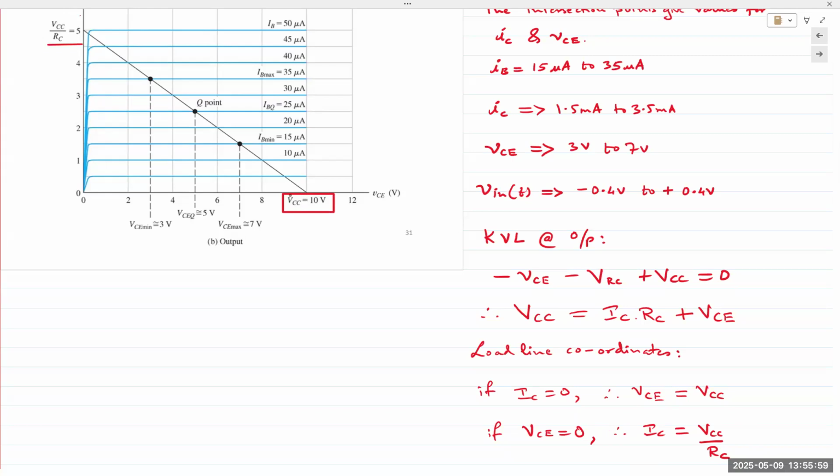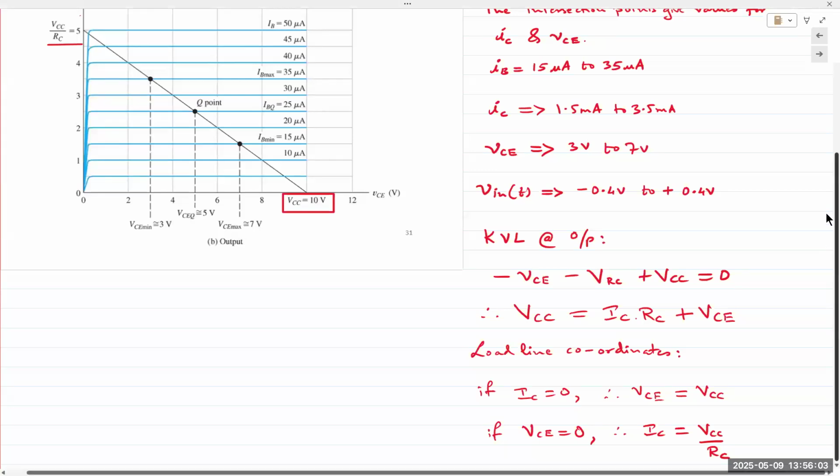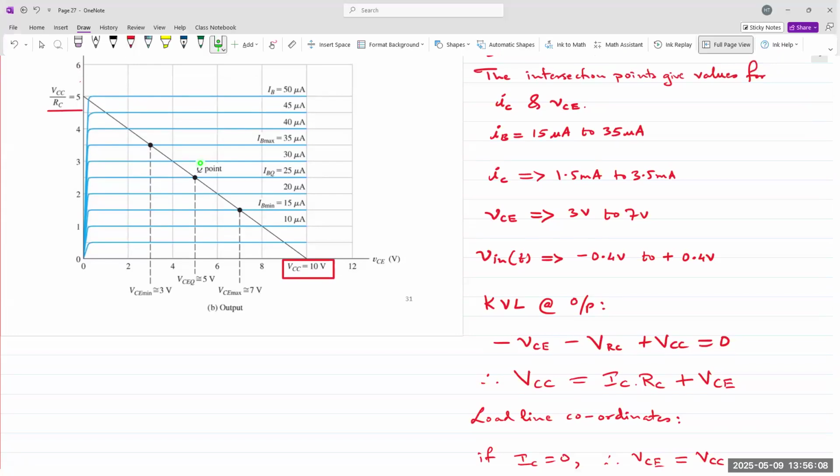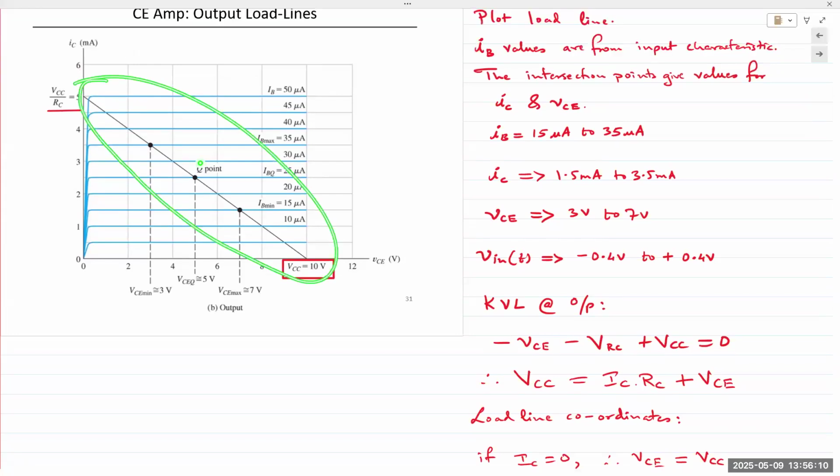Now, once we have our load line, we can see it intersects all of these data lines, right? On the output side, we have the plot values of IC as a function of VCE, but each data set is for one value of the input current IB.